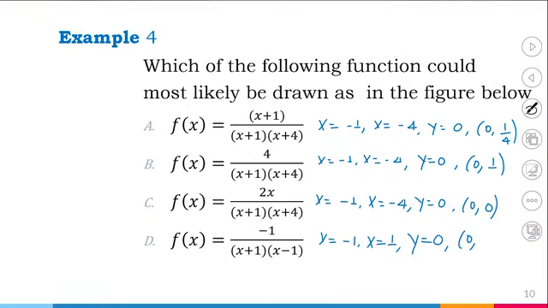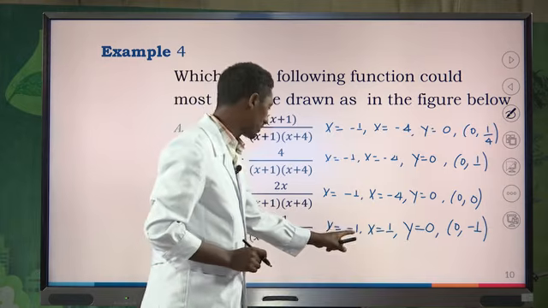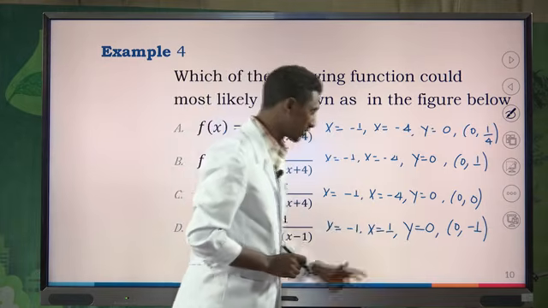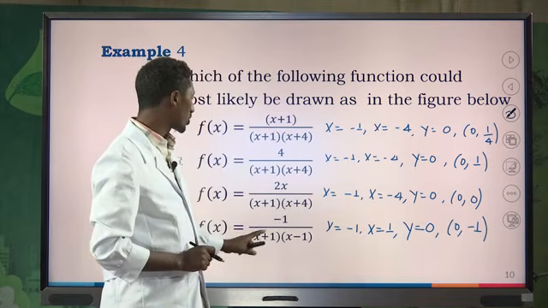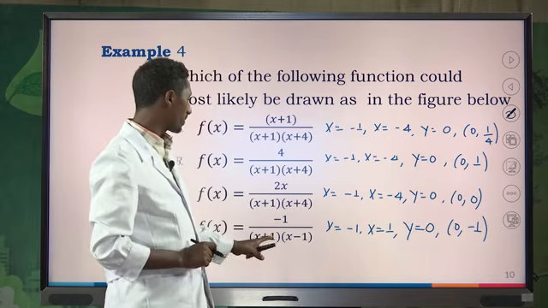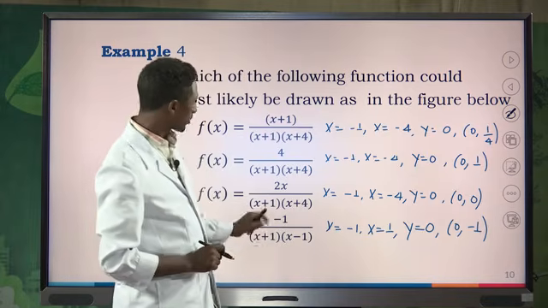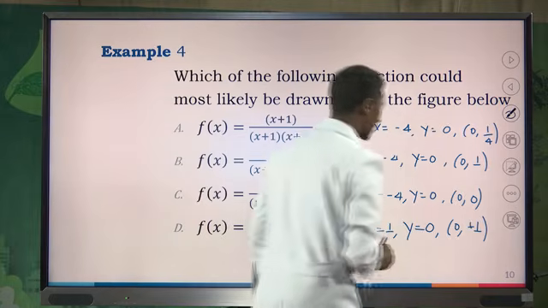So minus 1 over minus 1 is positive 1. So here x equals minus 1, x equals 1, and y equals 0 is a horizontal asymptote.